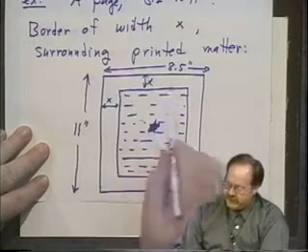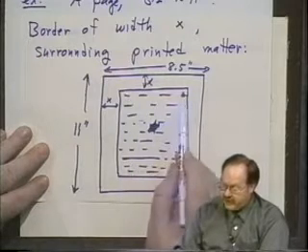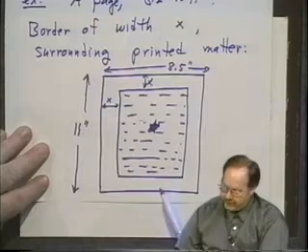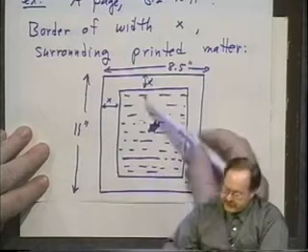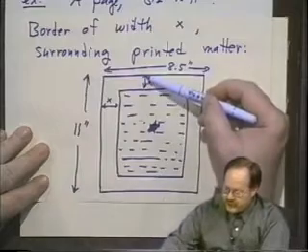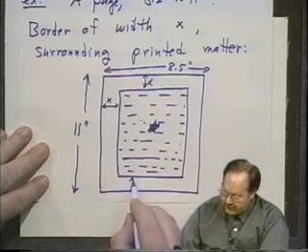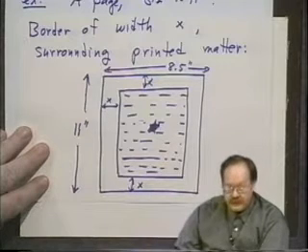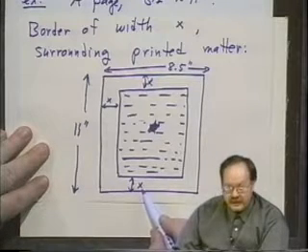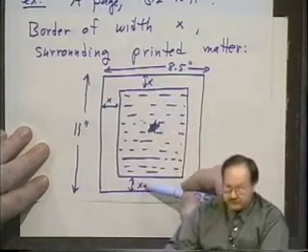So because this area in here is clearly a rectangle, I need to find the width and the height of the rectangle. But if you look at this picture, you see that the paper is 11 inches long. You've taken away a border of width x there, and another border of width x down here. So you have 11 minus these two.